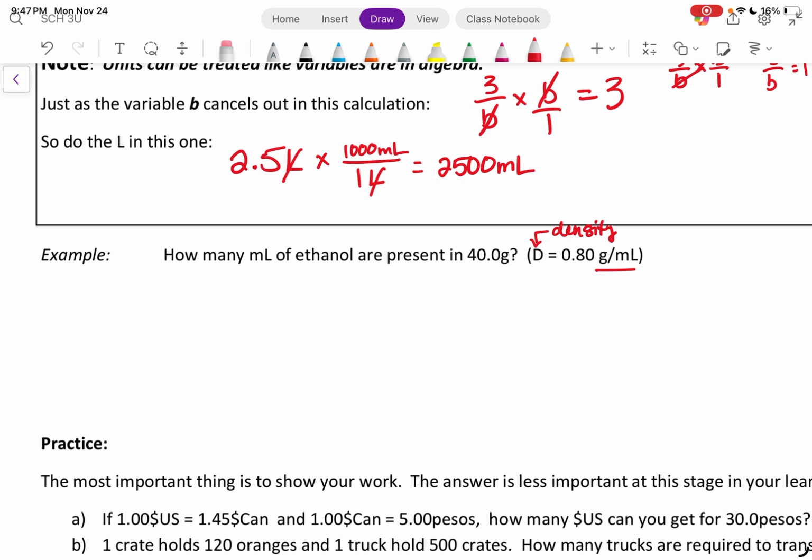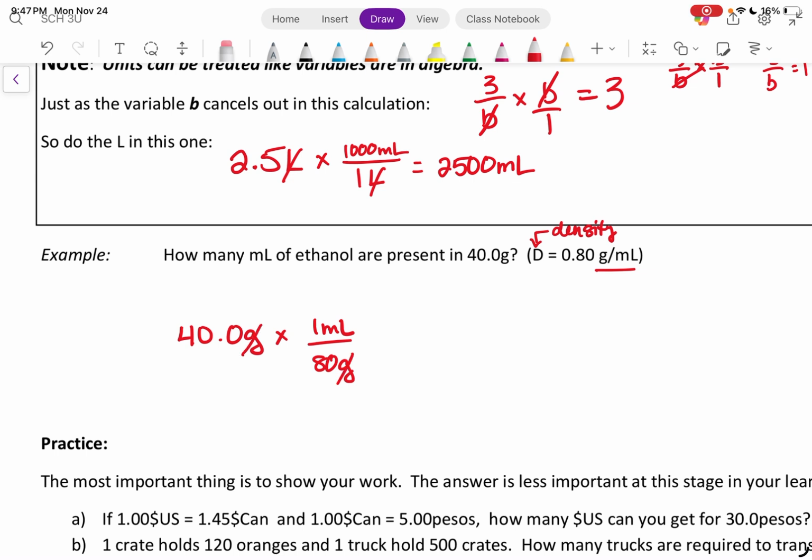So I want to know how many milliliters, but I'm starting with 40 grams. So I have 40.0 grams, okay, times, and I know that I have 1 milliliter for every 80 grams, right? I have 1 milliliter for every 80 grams.